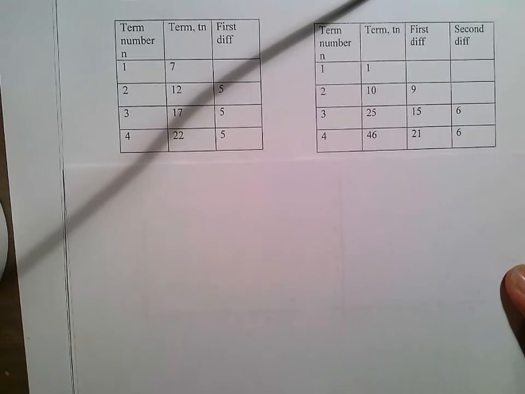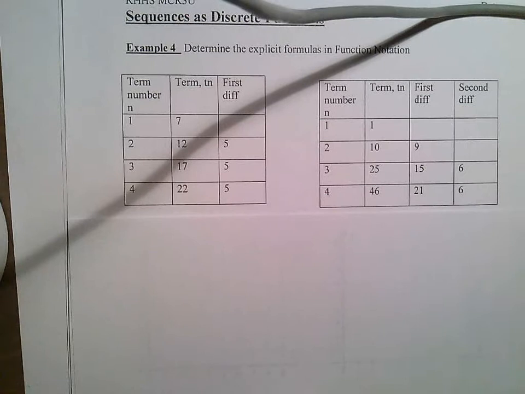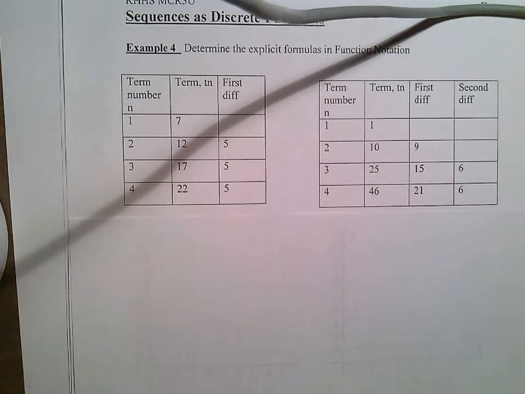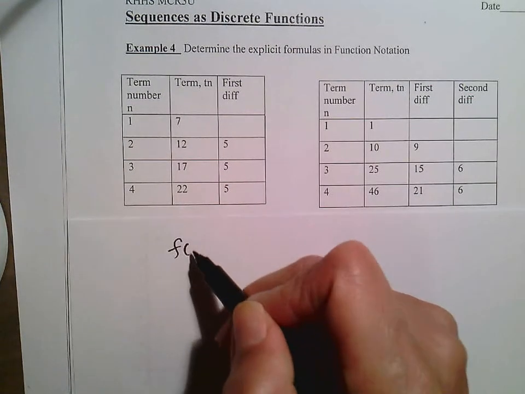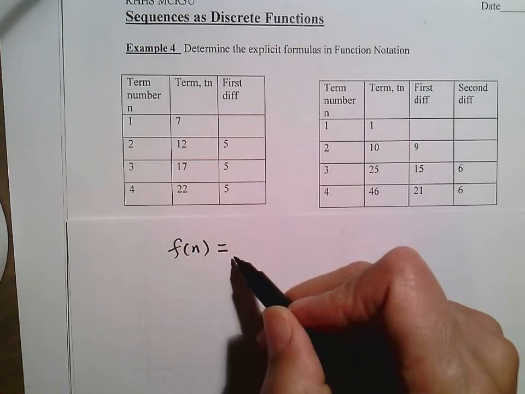Okay, you can see that this is example 4, using determinate explicit formula in function notation. Now we know function notation, right? So like given your input n, what is your output?